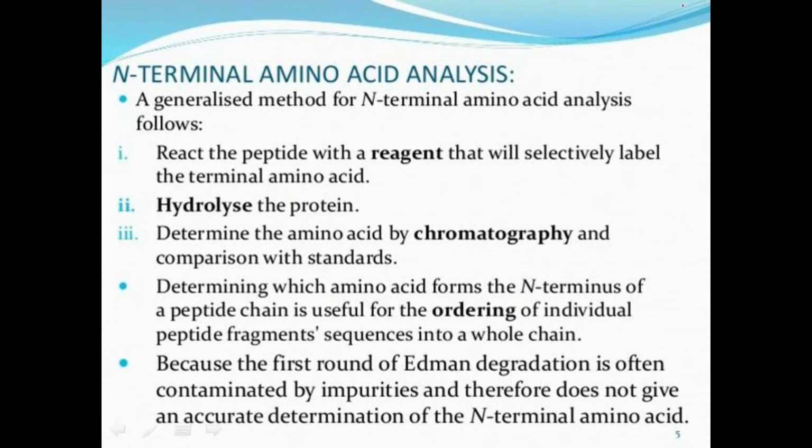Here it is reacted with a particular reagent that labels only the terminal amino acid. The reagent should be added to the sample so that it attaches only to the terminal amino acid groups. Terminal could mean the amino or the carboxyl end, but here we specialize for the N-terminal amino acid.